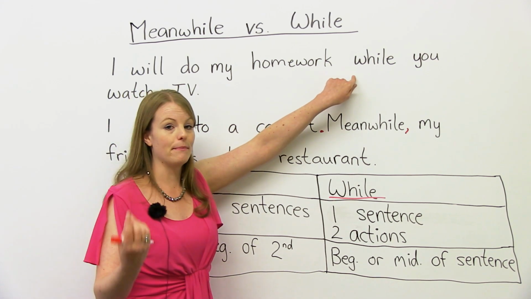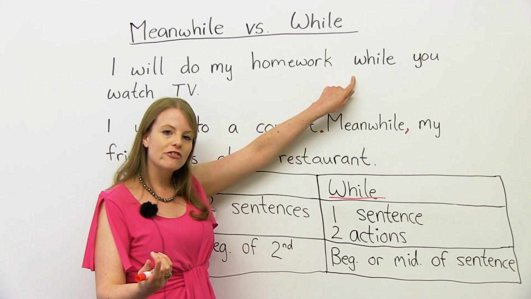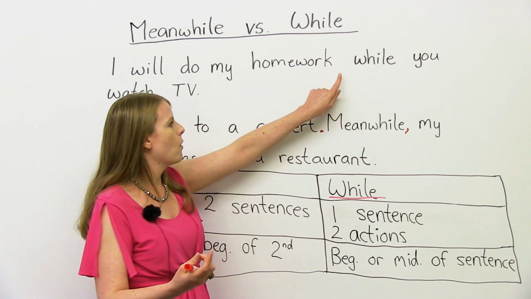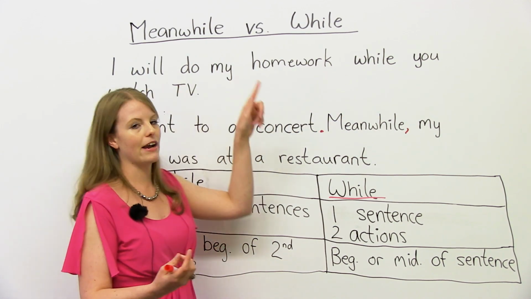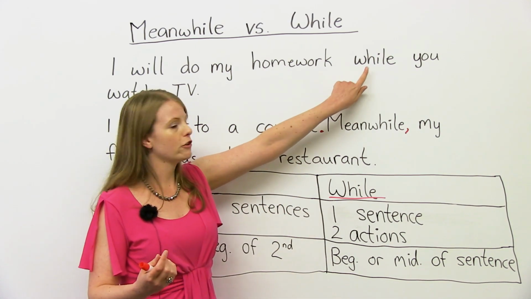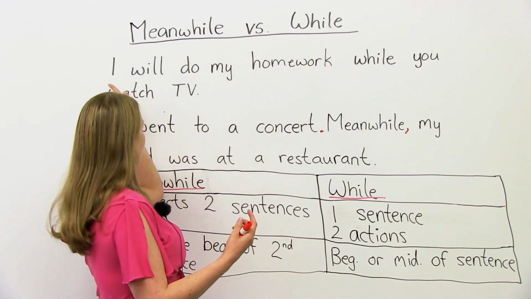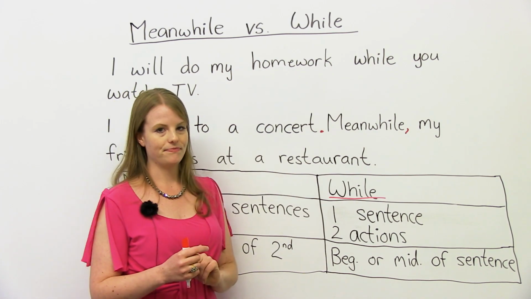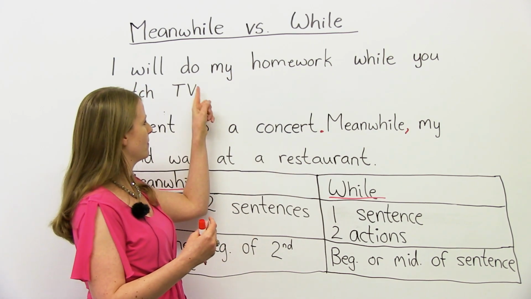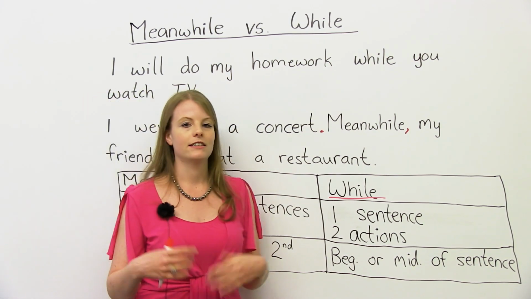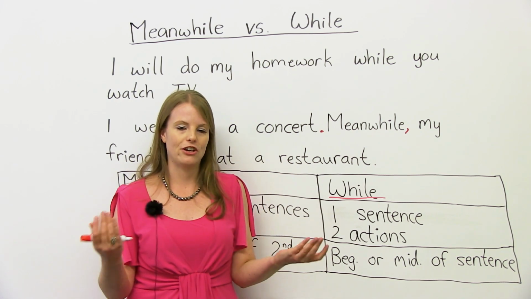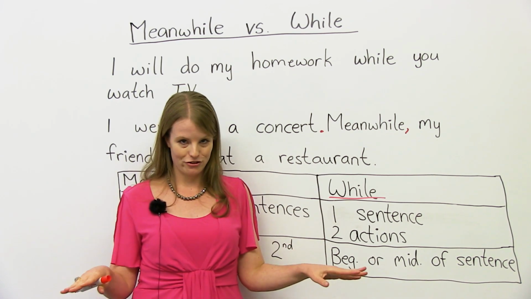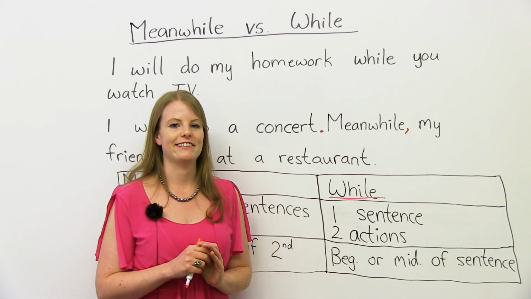This is in the middle of a sentence. But I could change this sentence to, while you watch TV, I will do my homework. So you have a choice with this. It can be here or here. I could say, while I do my homework, you can watch TV. So the placement of while can change. Meanwhile, it can't change. It's stuck where it is.